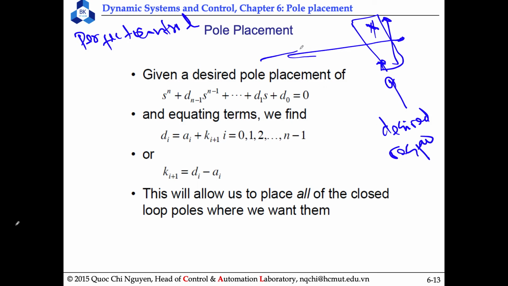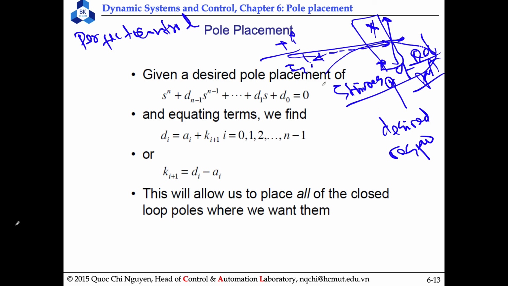And we also need the other poles to be far away from the two dominant poles, at least 5 times the real part, right? This is what we need.